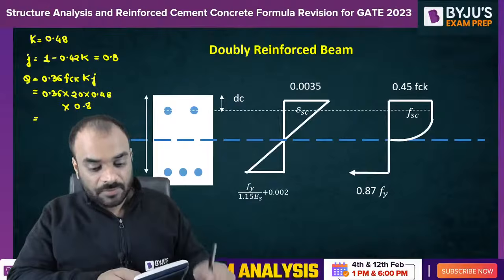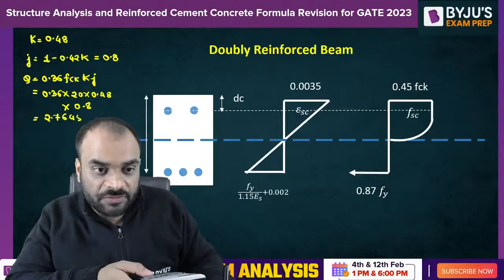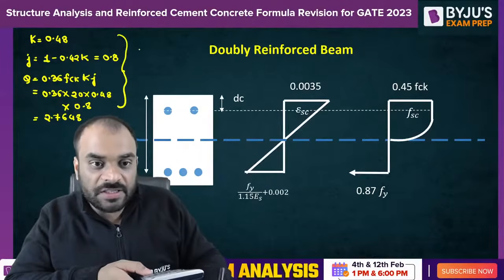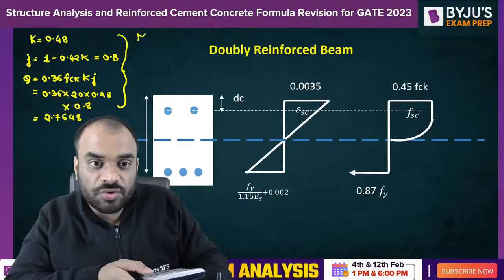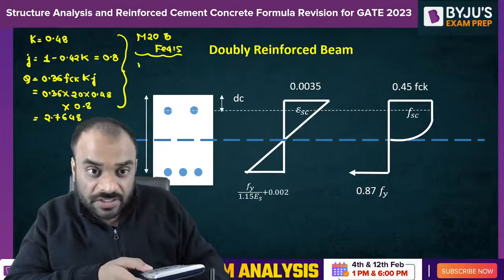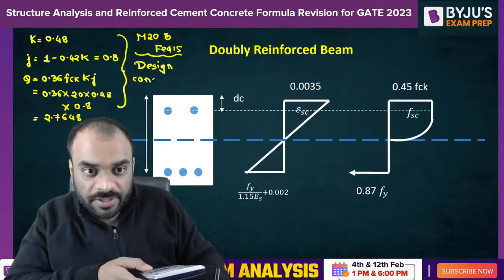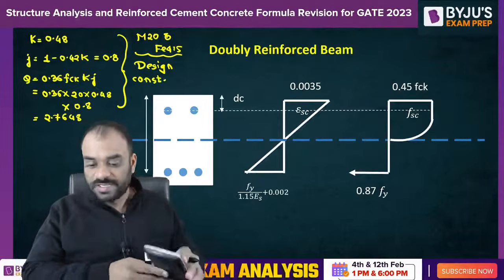How much are you getting? 2.76? It is 2.7648. So these are the design constants which you have to remember for M20 and Fe415 grade for your examination. Please remember it. Design constants.